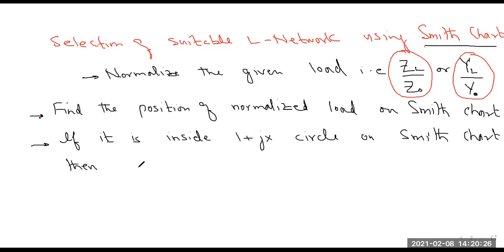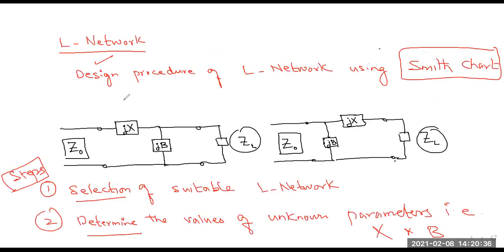then select. So let me give the name so that we can, let me call this particular network as L network number 1, and let me call this as L network number 2.